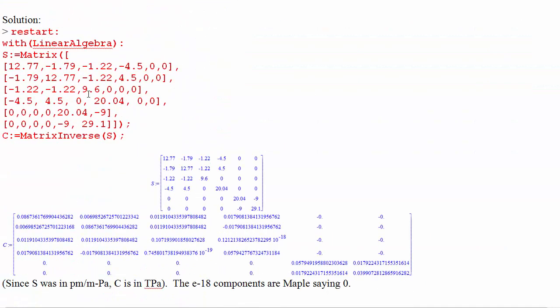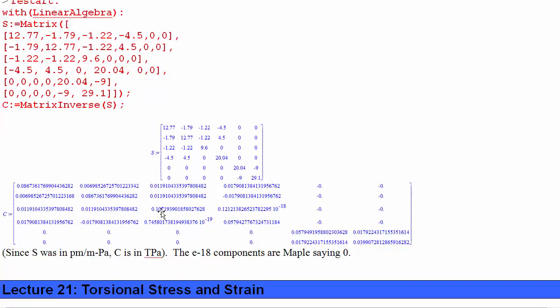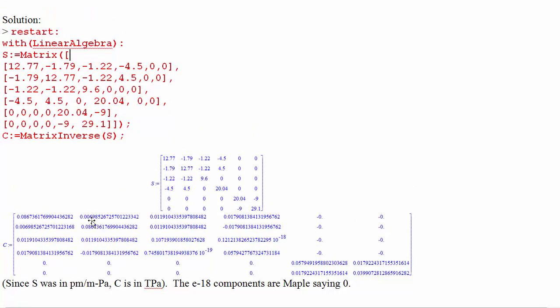Okay, so here's the code for doing this. If you're writing out a matrix in Maple, it'll probably be easier to see the components if you use line breaks. Again, you can do Shift-Enter to do this. And there's our inverse. So that's the stiffness matrix for quartz.